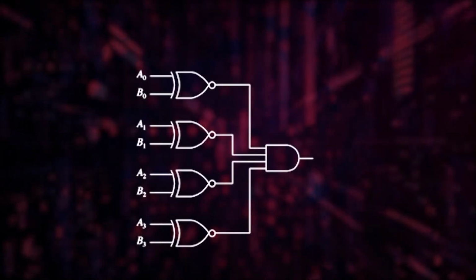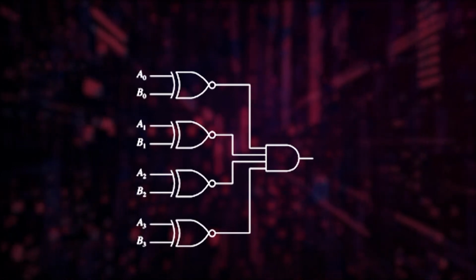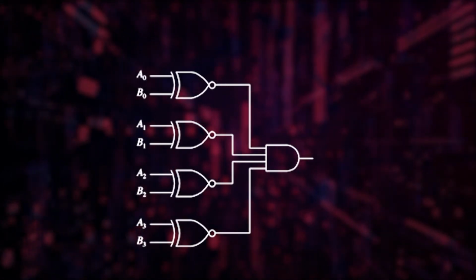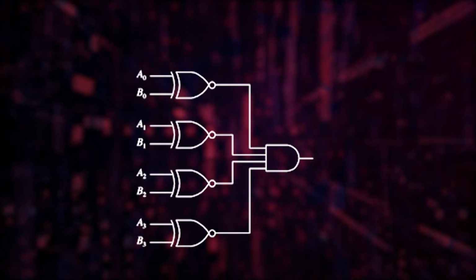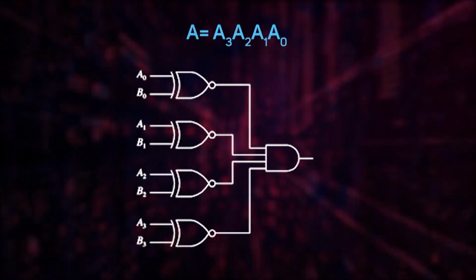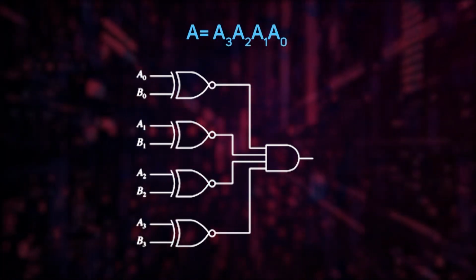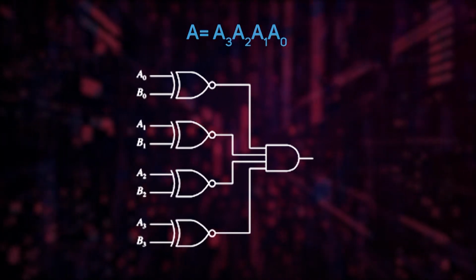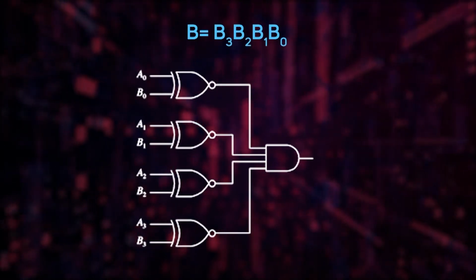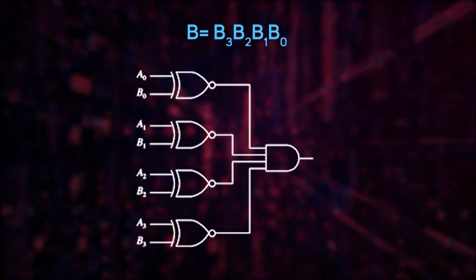To compare two numbers with 3 bits each, we need 3 XNOR gates whose outputs are fed into an AND gate. The figure here shows a comparator to compare equality of two 4-bit numbers. Consider first number A with bits A3, A2, A1, A0 and second number B with bits B3, B2, B1 and B0.